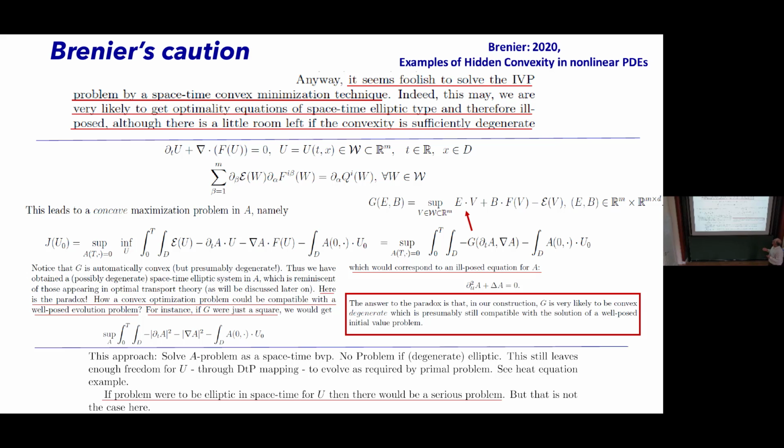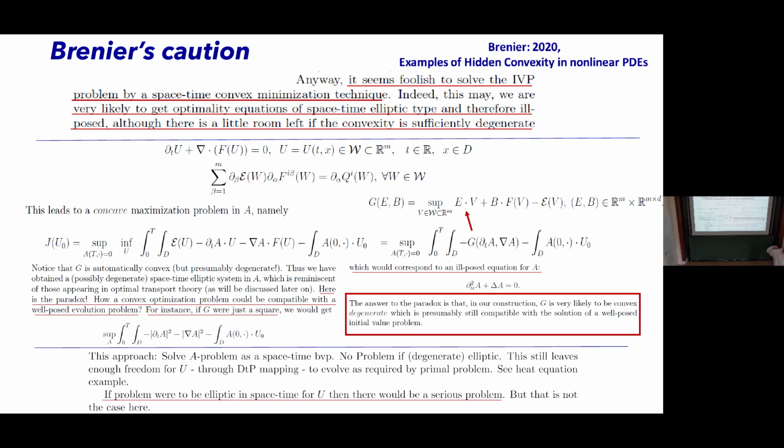Okay, so I got the heart attack, but other people have gotten ulcers about the point that I mentioned. And so that's here. Okay? So look at what Brenier says. This is a busy slide. You don't have to read everything, obviously. I'll try to take you through what he says. It says, it seems foolish to solve the IVP, the initial value problem, by a space-time convex minimization technique.